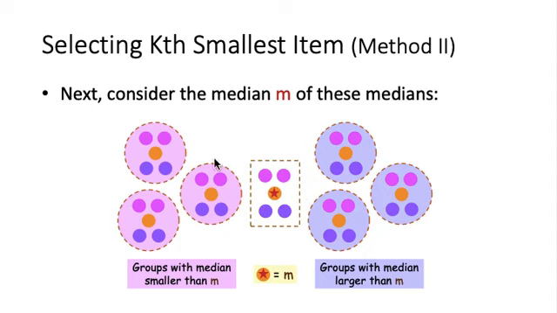We forget about the pink one and the purple one, and focus on the orange one, the median of these medians. We call it M. Roughly speaking, we can have the group that contains the median of medians, place all the groups with smaller medians on the left side, and all the groups with larger medians on the right-hand side. This is what we see.